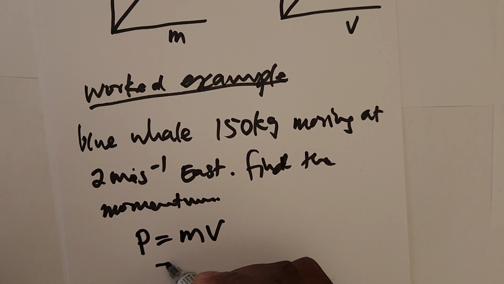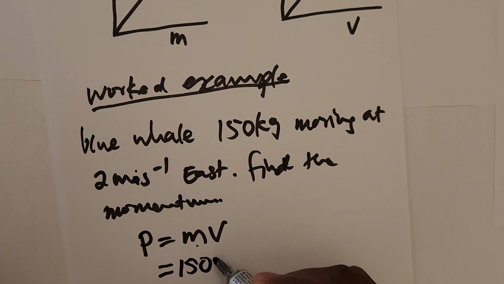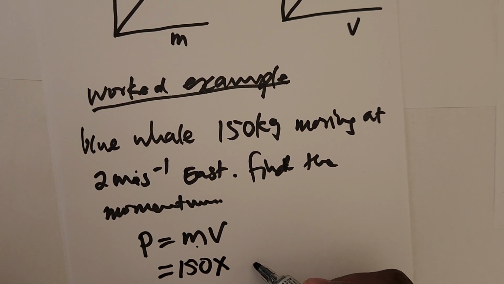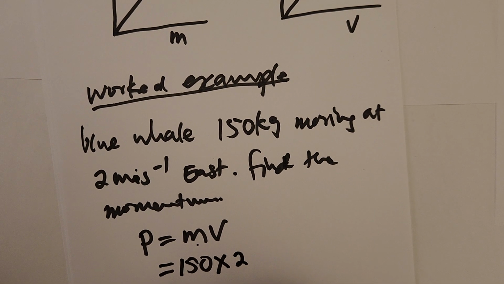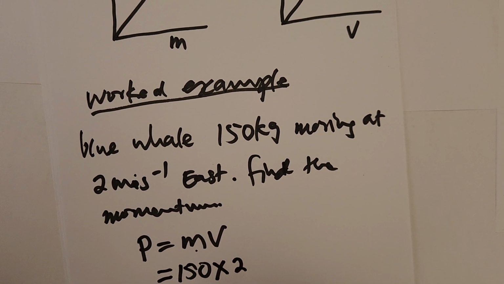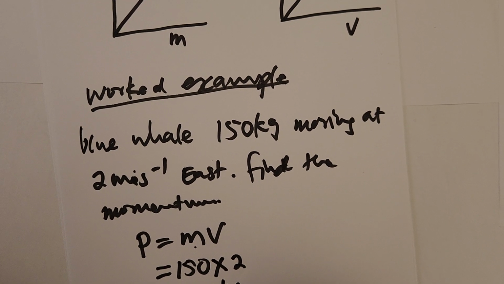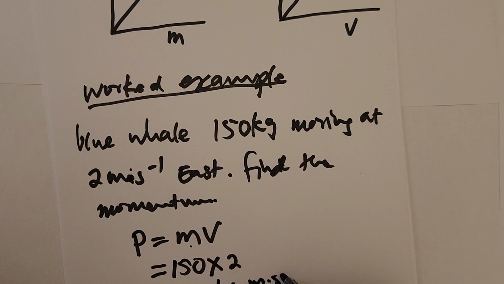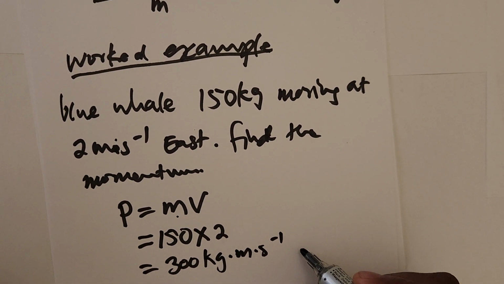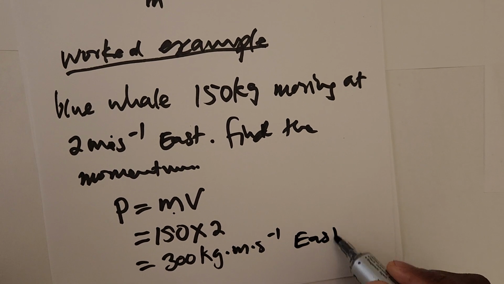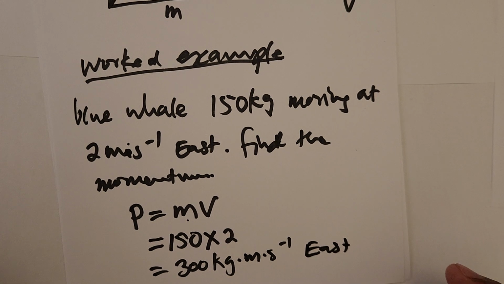From there we substitute: the mass is 150, and the velocity is 2. Then the answer will be 300 kilogram meters per second. Don't forget, momentum is a vector, so it becomes 300 kilogram meters per second east. That is how we calculate the momentum.